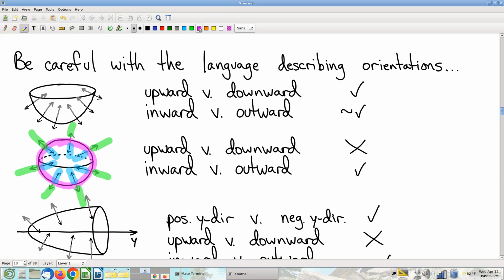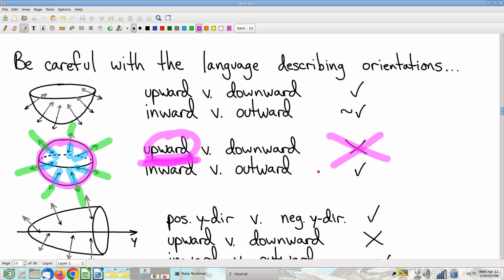Well, I'll tell you what, if I tried to use the word upward, I'd have a problem. Because some of the green vectors are upward, but some of them are not. And likewise, some of the blue vectors are upward, and some of them are not. So this word upward just doesn't do its job.